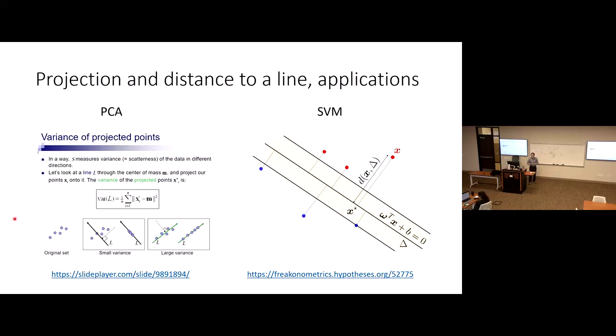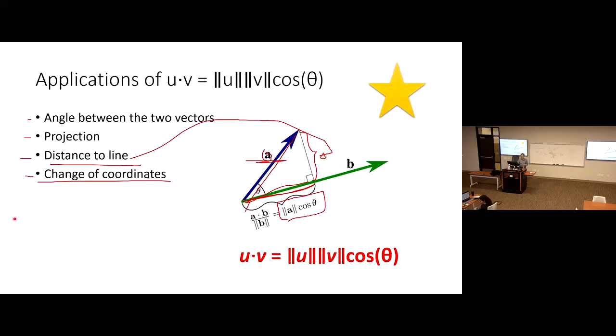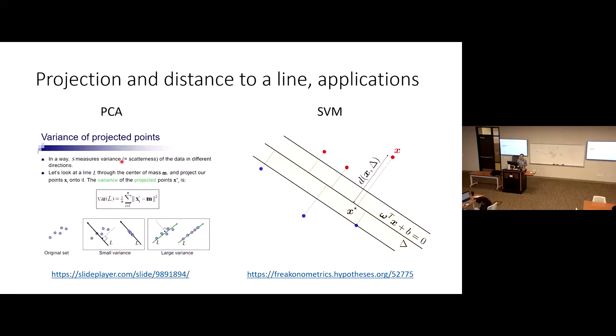Okay, so we mentioned that this can be used for projection and to compute the distance from a data point to a straight line. Here are some examples of how to use this. For instance, I have a lot of data here.